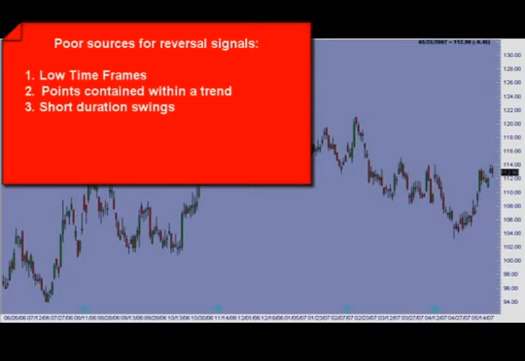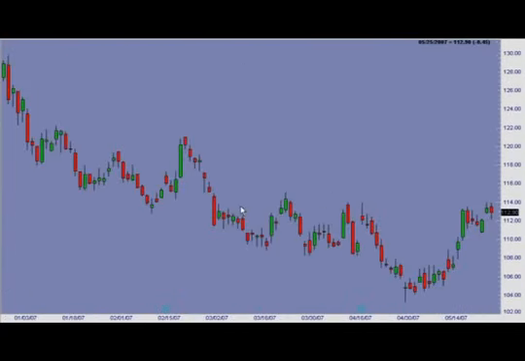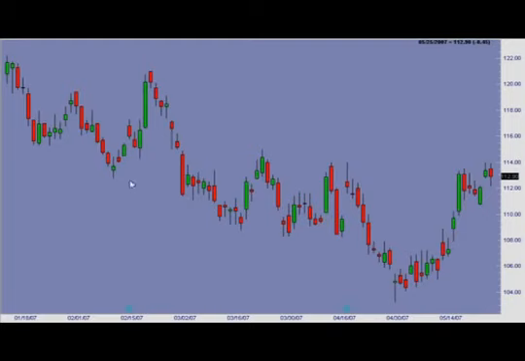weak signal. An example can be seen here when we shrink this down and look at a swing that looks by itself to be fairly decent. We can see how deep this goes and pulls away and comes back down away from a trend line. So it's not entirely small per se, but it only has two bars in opposition to it before moving on.